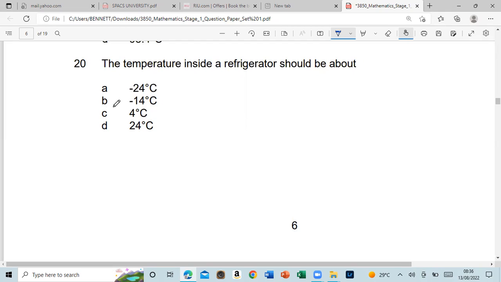What it is, guys, the freezing point is below 0, right? So once it goes below 0, it starts to freeze. So the fridge will be about -4, which is really cold, you know, really cold. Good job.